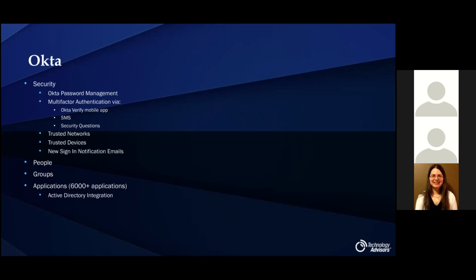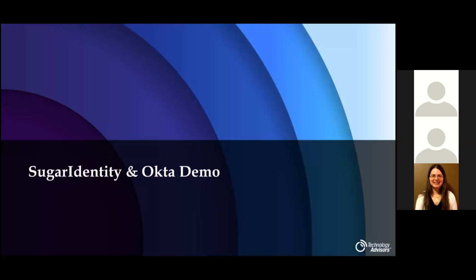And you could also lock down certain people to certain networks or IP addresses, and give others more options. Maybe people who travel would need more options for logging in. And Okta itself can integrate with over 6,000 applications, allowing you to log into them. And we'll see a couple of examples of that in just a little bit.